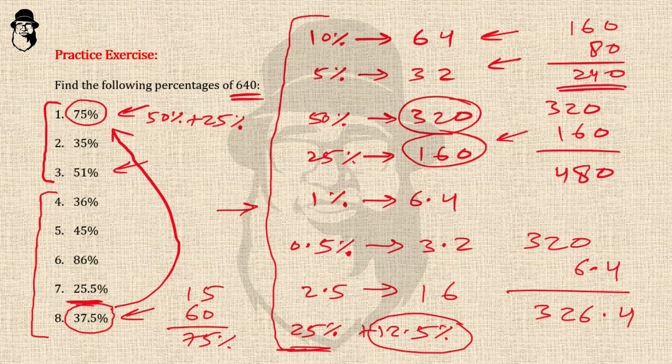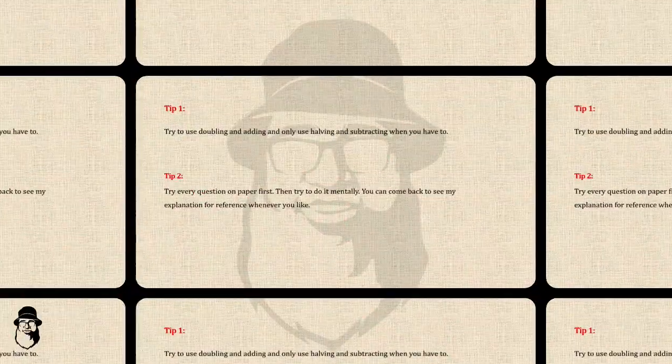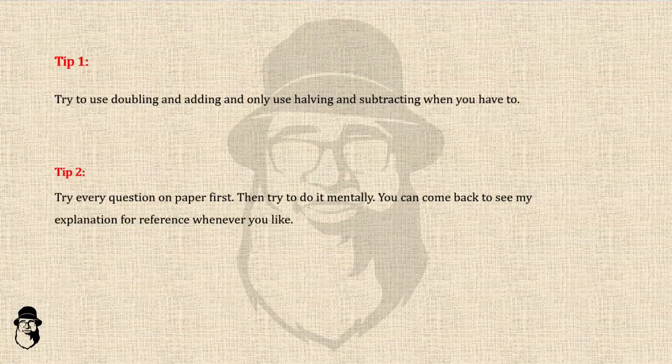And I always say, take care of the accuracy, speed will take care of itself. In the end, I will give you 2 tips so that you have a smooth journey doing mental calculations. First tip is, always try to make things easy for you.